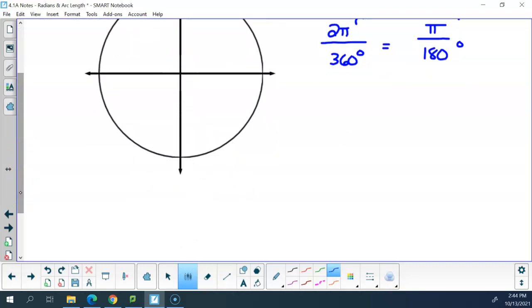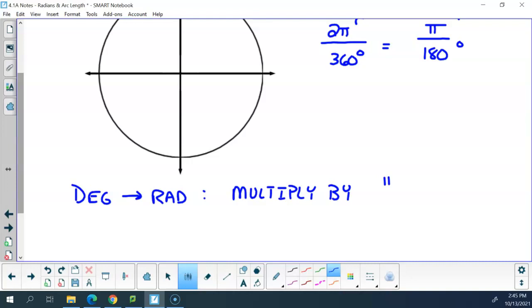Because if I am converting from degrees into radians, then I am going to multiply by pi over 180.